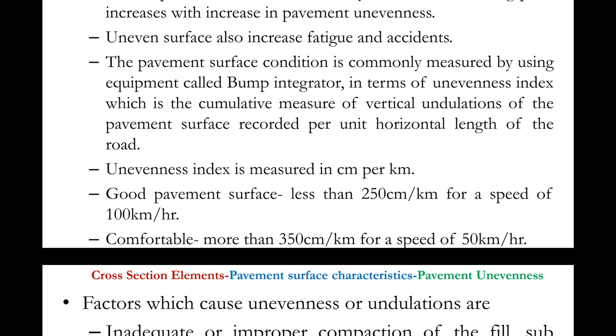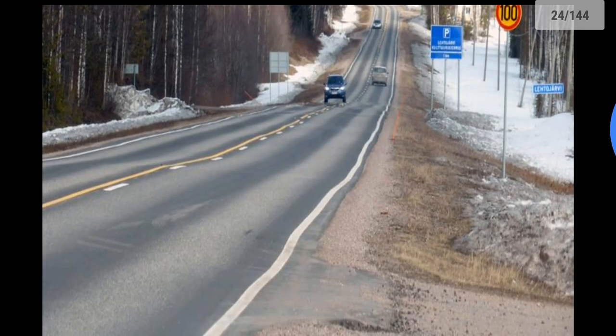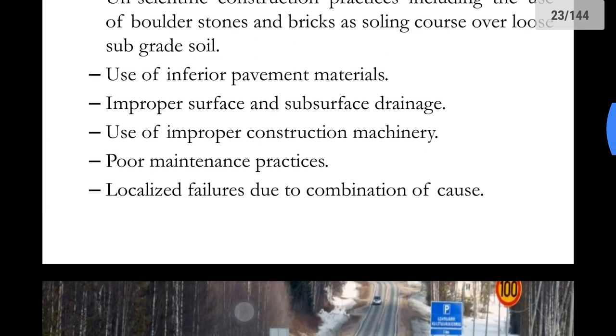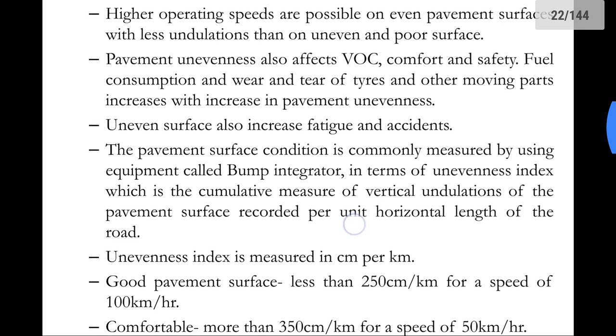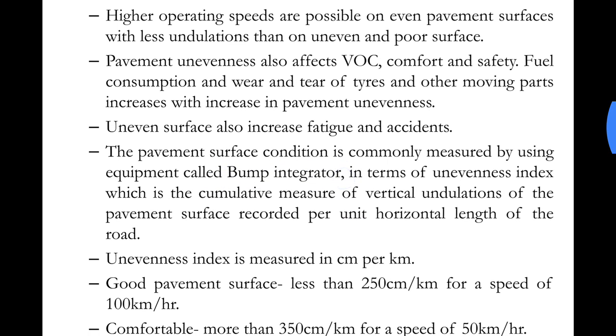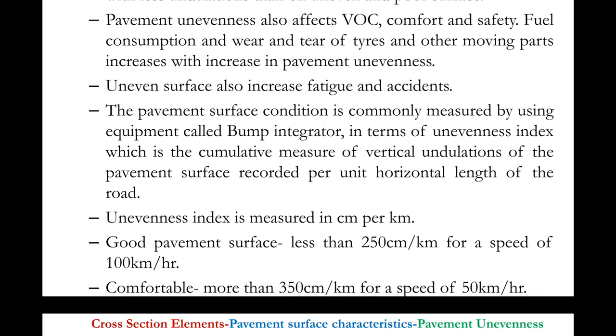These undulations would be in the form of crests and troughs. Using a device called a bump integrator, we count the number of undulations, and based on those number of undulations, we categorize that road pavement.